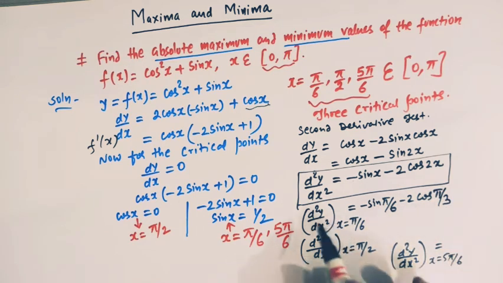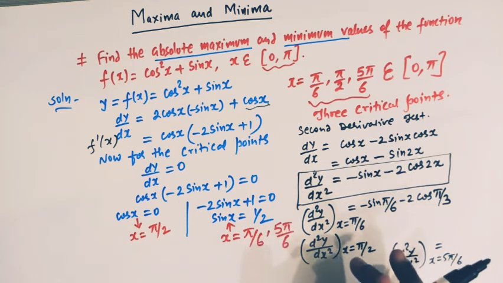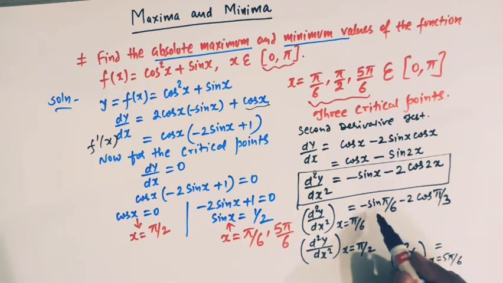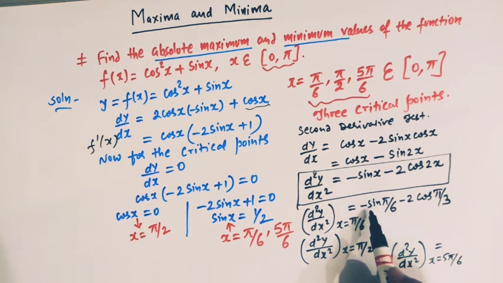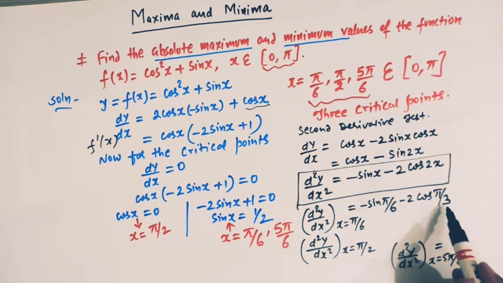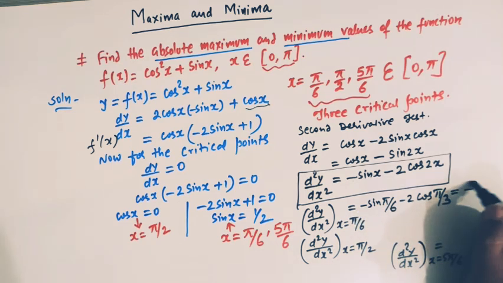And while we calculate the values of the second derivative, we usually do not have any interest in the numerical value, but we are interested only in the sign, right? So here we see that sin pi by 6 and cos pi by 3 are positive quantities, so this whole expression is negative, right?